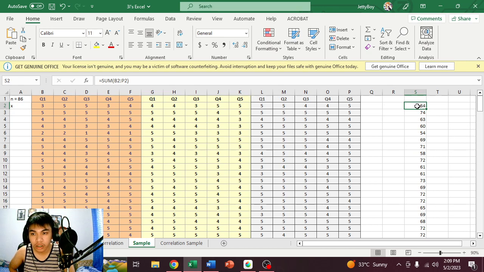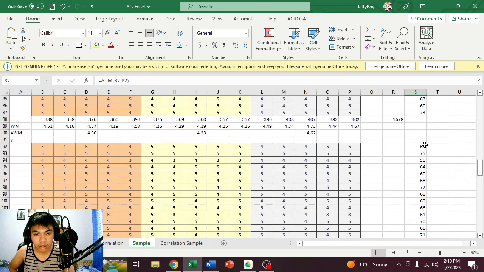Remember this cell number, the column and the row. So this is C2, S2. This is S2, and then this is S92.